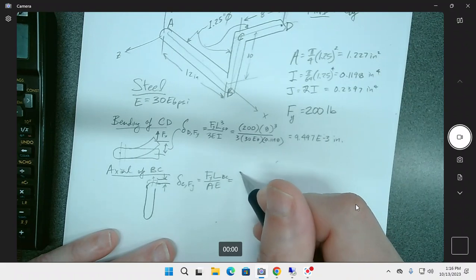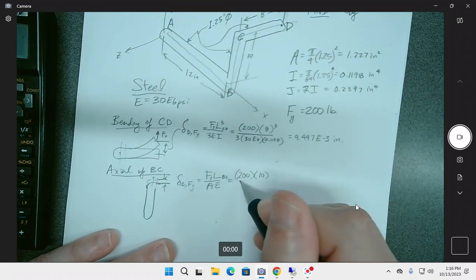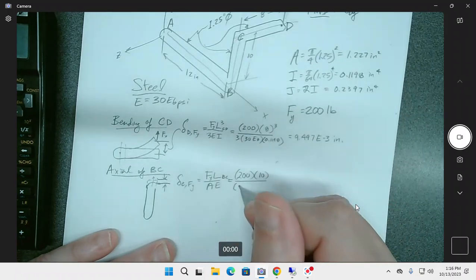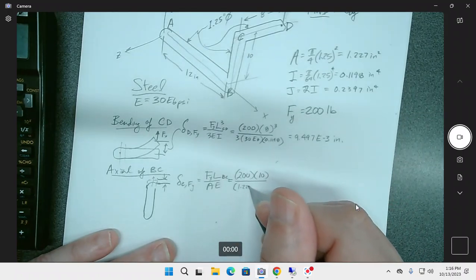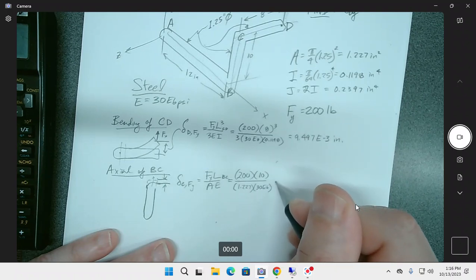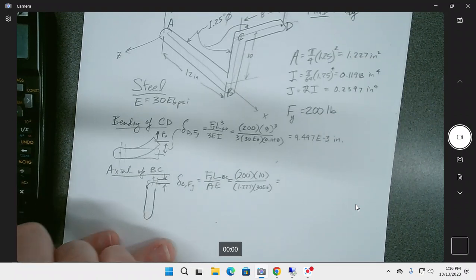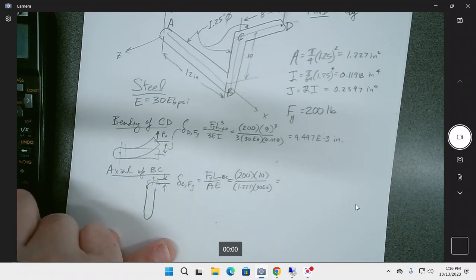So we have 200 times 10 over A, 1.227, E30 E6. 210, 1.227, 30 E6.